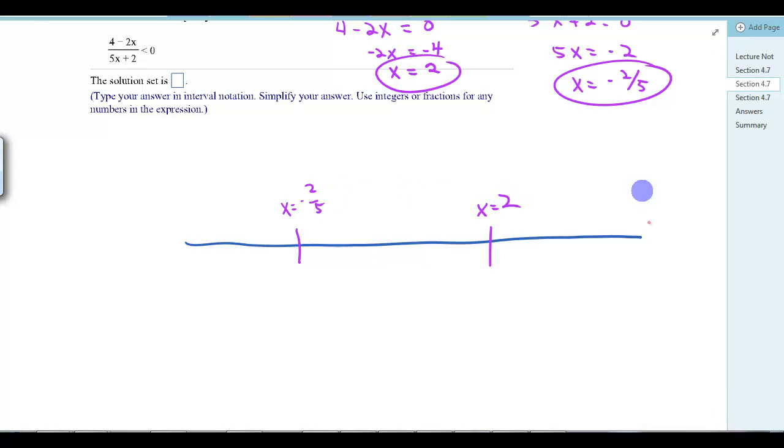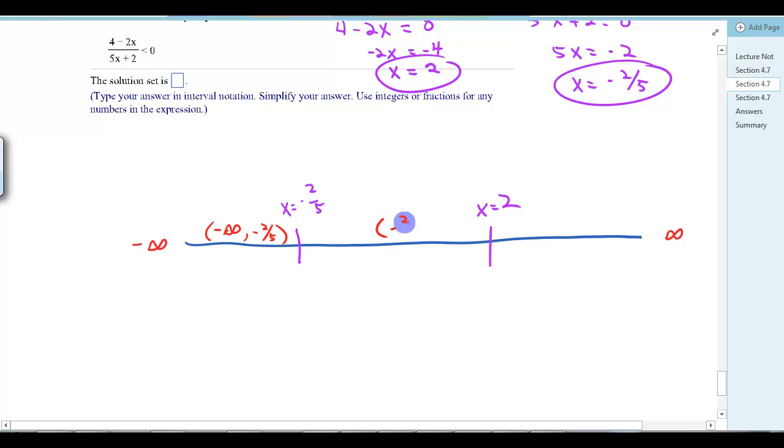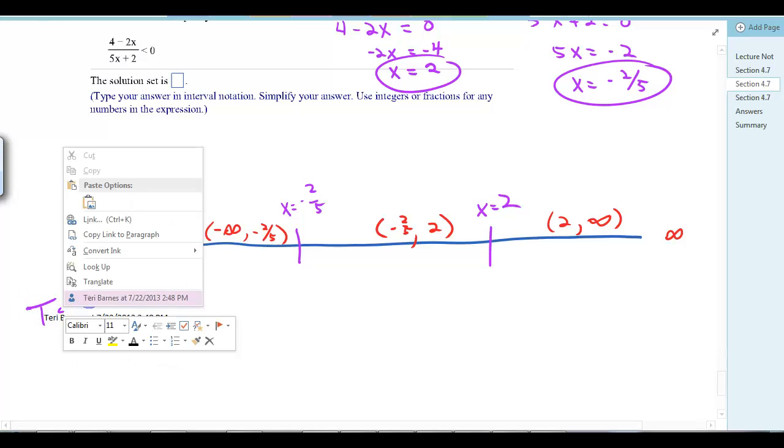We are going to define the intervals. So we have a positive infinity and a negative infinity. This interval is negative infinity to negative 2/5. This one is negative 2/5 to 2. And this one is 2 to infinity. Okay? Then we're going to pick a test point.